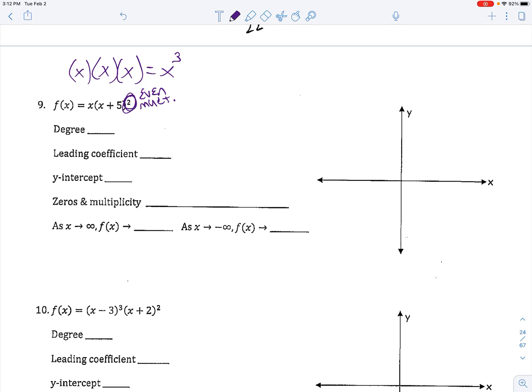So if we were to multiply that out, the first term here would be x cubed. So this is a degree 3 polynomial function with a positive leading coefficient.